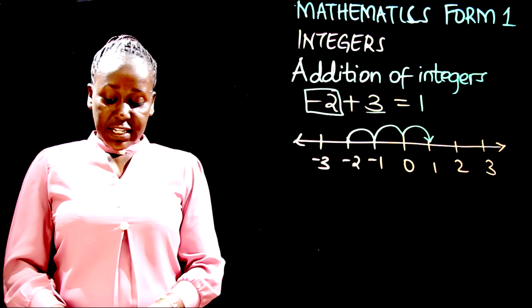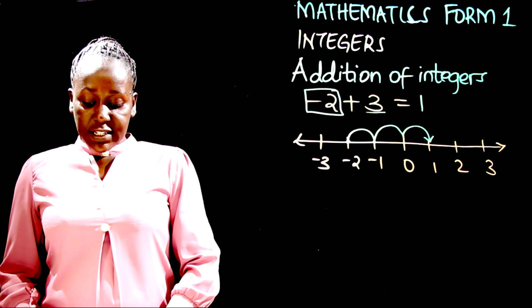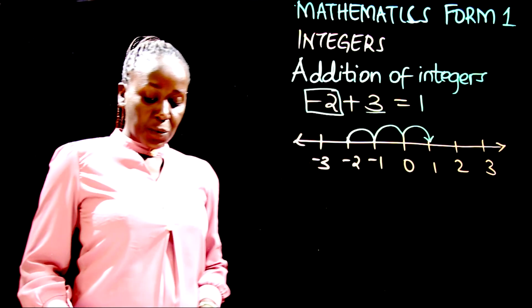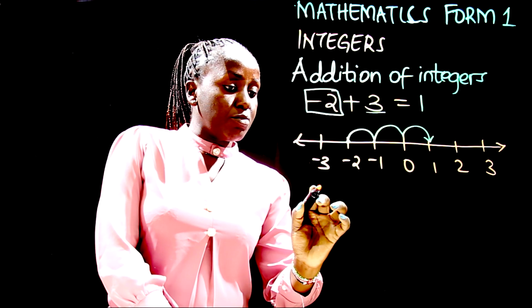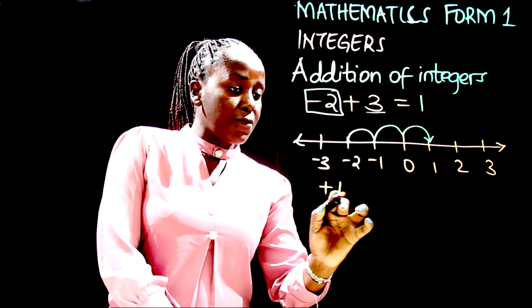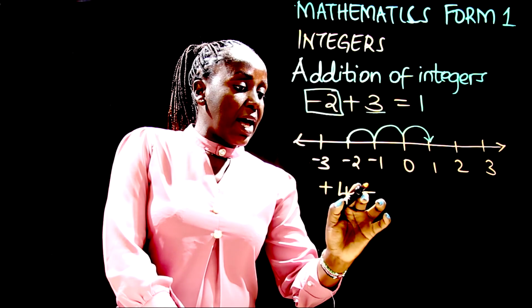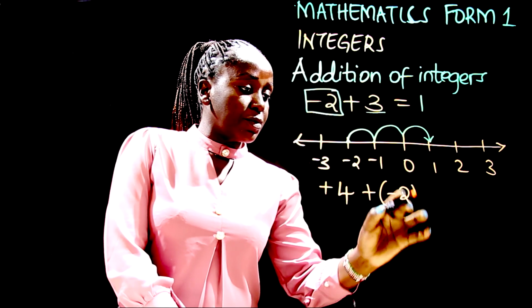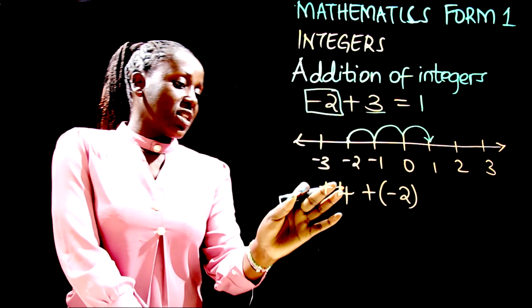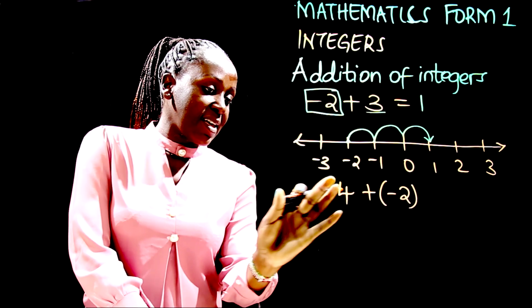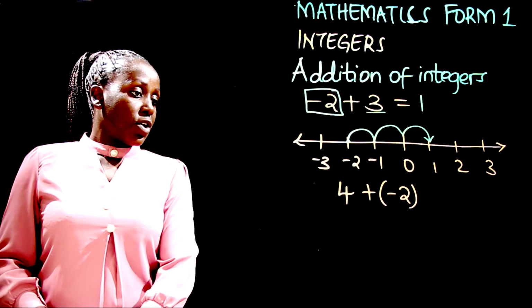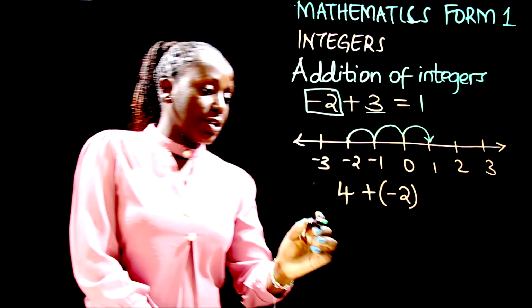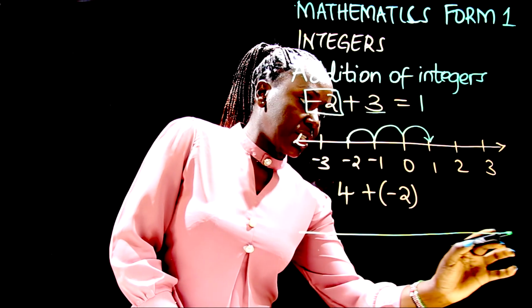So let's try another example. Let's say we have 4 plus -2. So let's draw a number line.